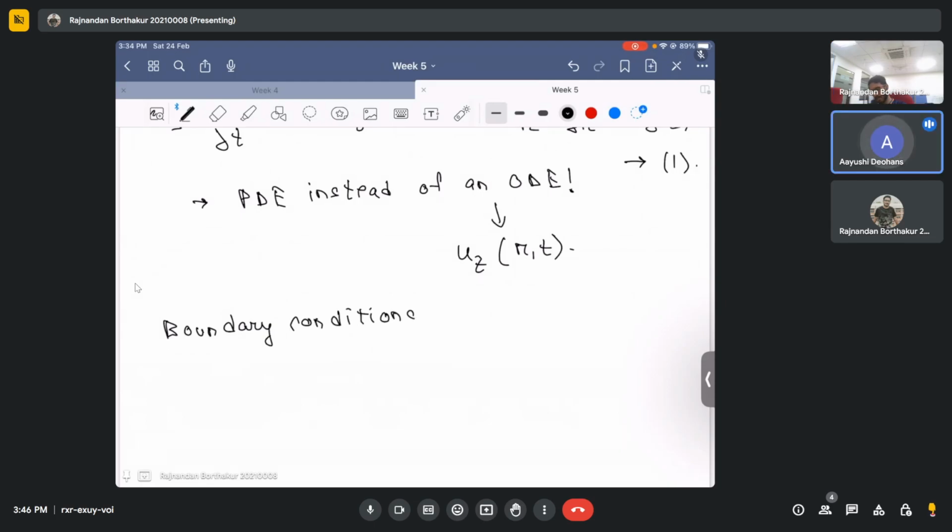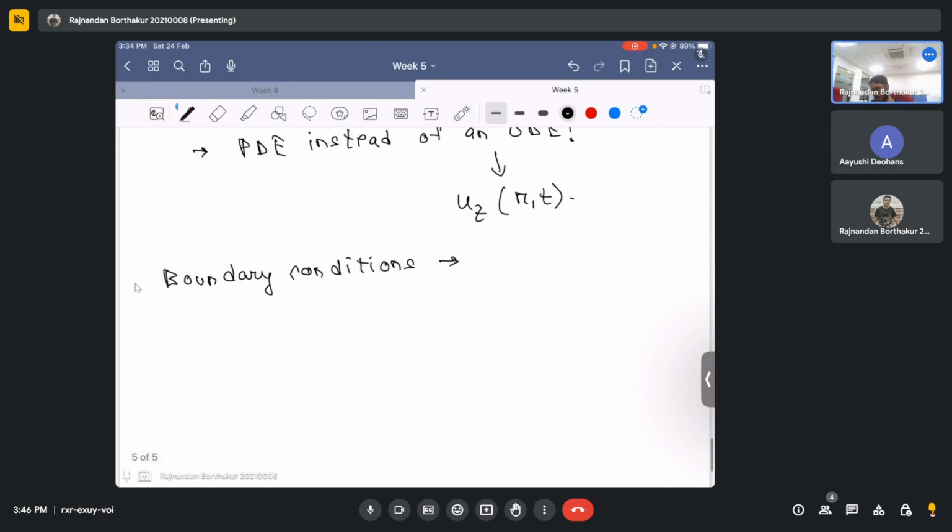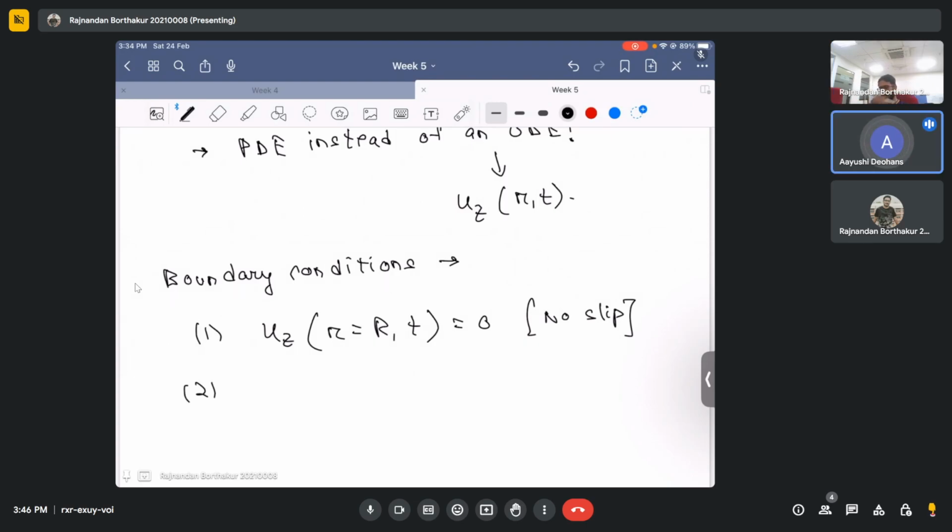Yes, the no-slip boundary condition, exactly. So the first one is that uz at r equals capital R for all time is 0, which, as you have rightly said, is the no slip. The second one, can you tell me, dou uz by dou r is 0 at r equal to 0?